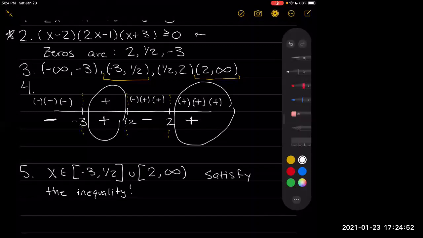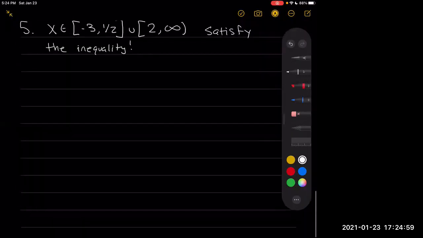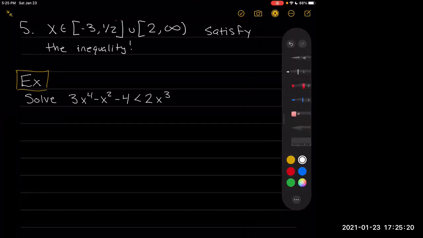And now moving forward, we're going to do another example. So we're going to solve for 3x to the 4th minus x squared minus 4 less than 2x cubed plus 12x.